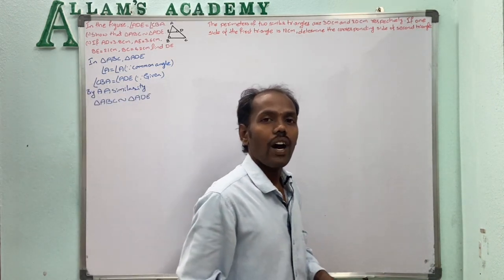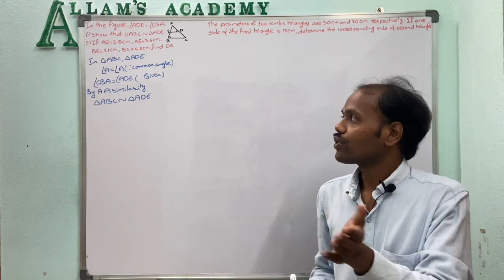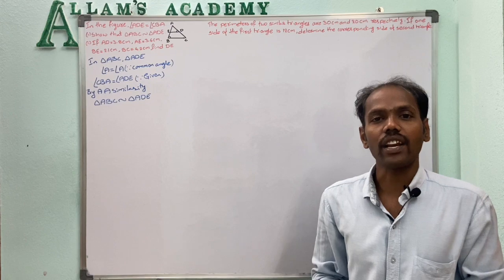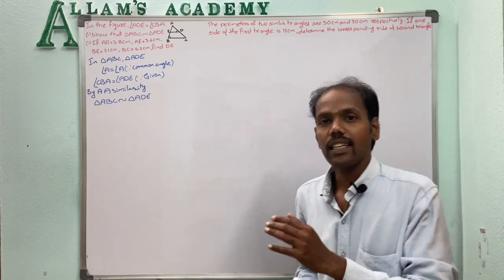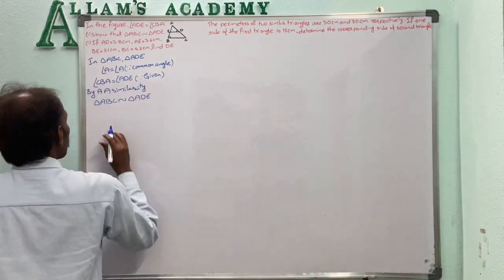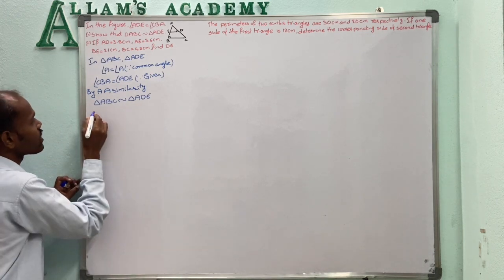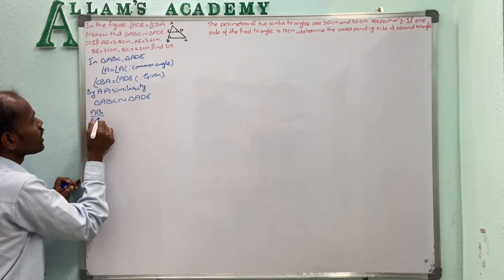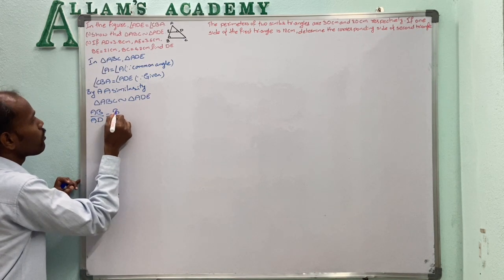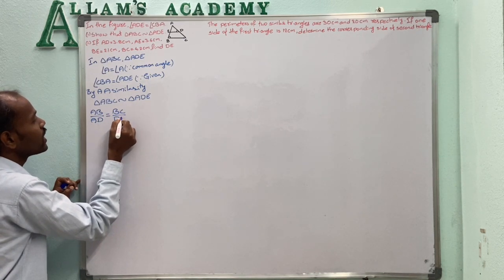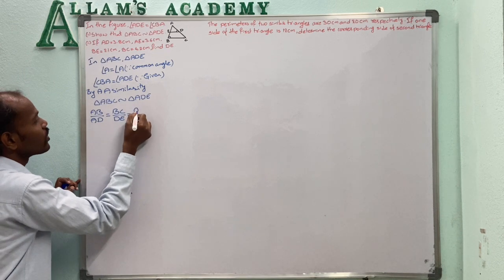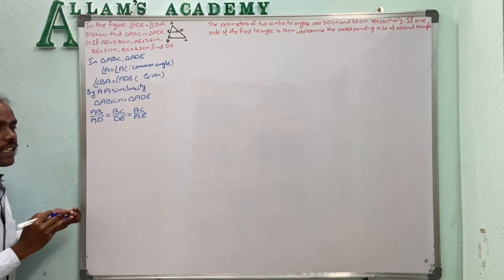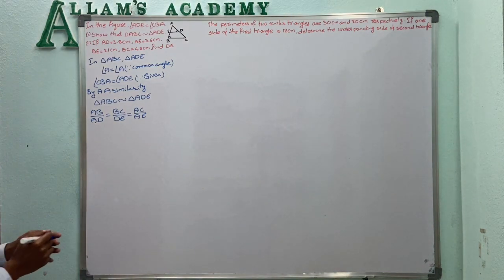Okay, so already we learned that if two triangles are similar, then their corresponding sides' ratios are equal. So we write the corresponding sides ratio: AB by AD equals BC by DE equals AC by AE. Those side ratios are equal.